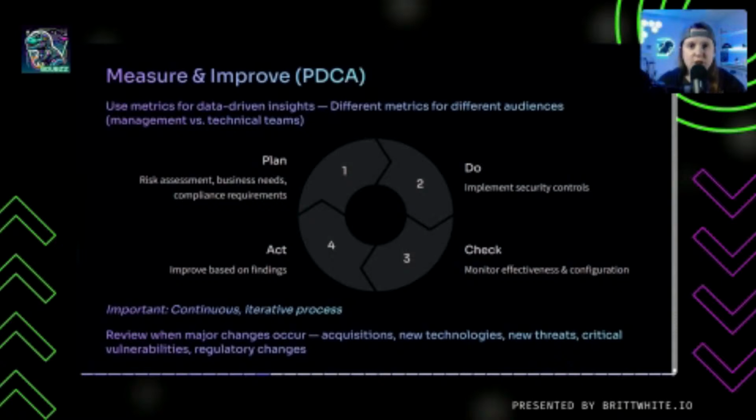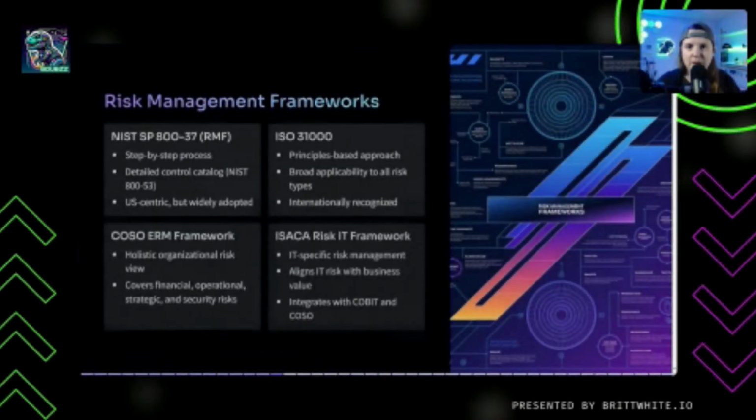To provide structure and best practices for risk management, organizations use risk management frameworks. These frameworks provide a systematic, repeatable, and comprehensive approach to risk management. Some key risk management frameworks include the NIST SP 800-37, the RMF, or Risk Management Framework.